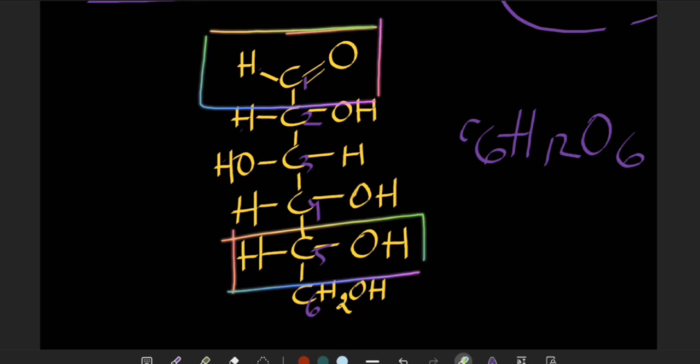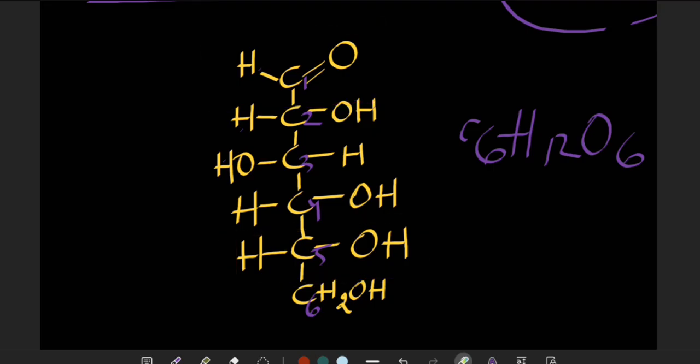In carbon number 1, since oxygen is more electronegative than carbon, it will try to pull the electrons towards itself, and when it does that, it's going to gain a partial negative charge.